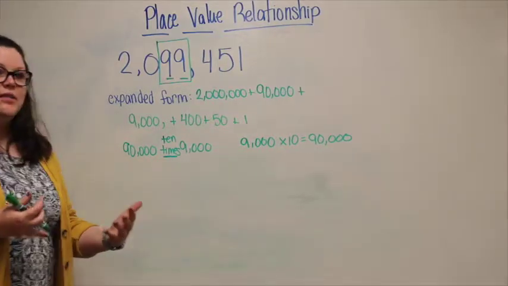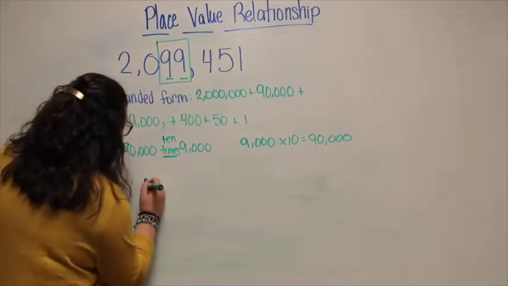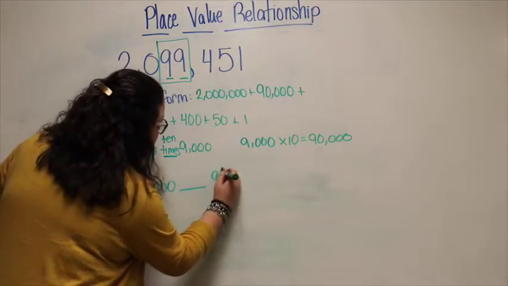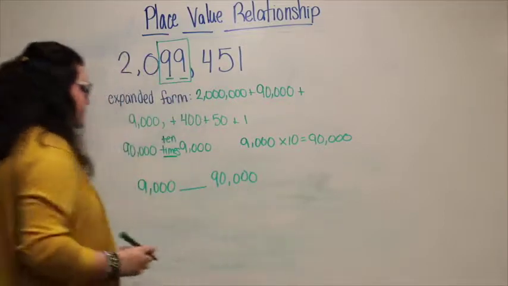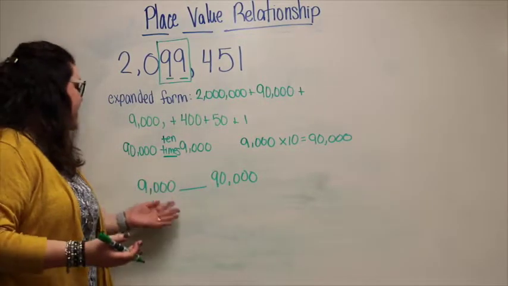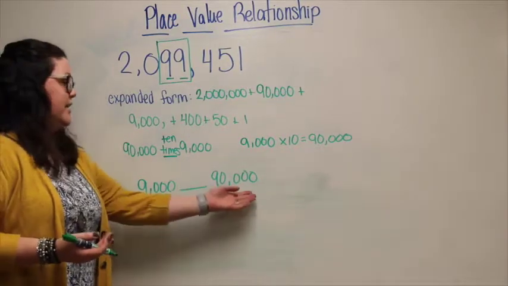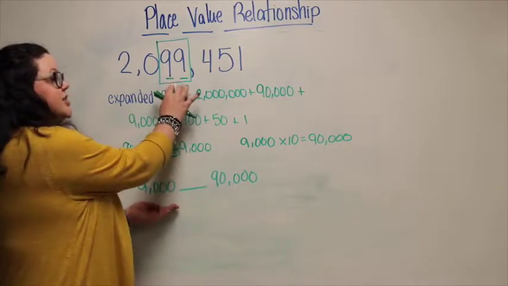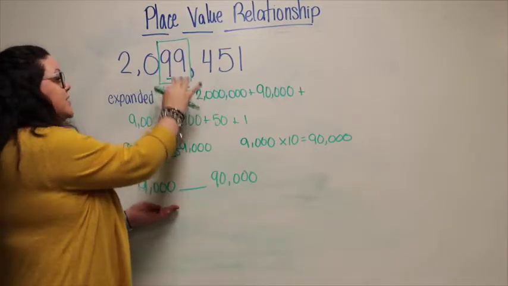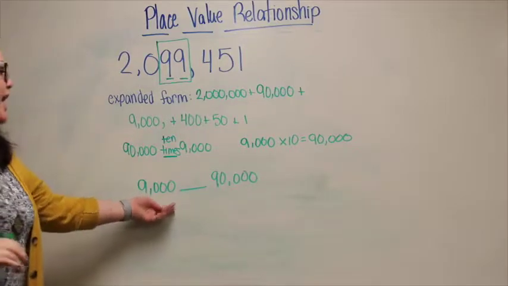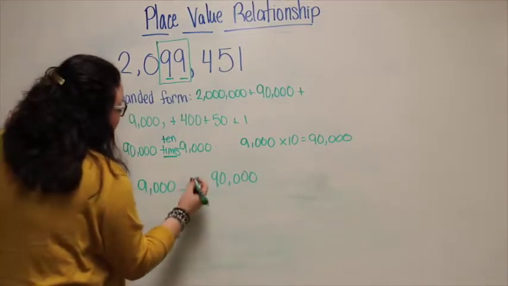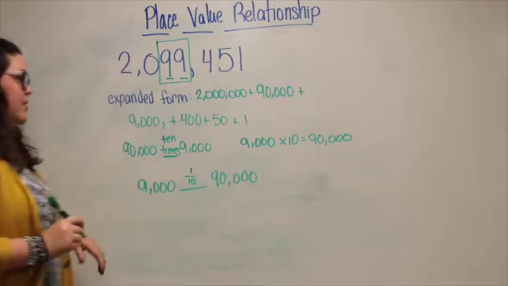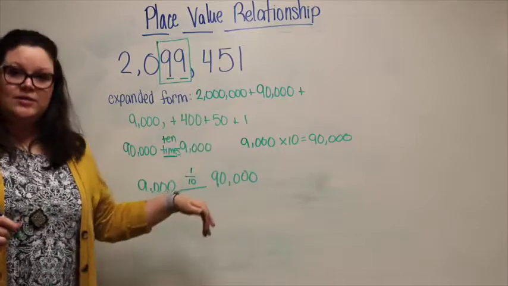Okay, let's reverse that. Let's say that I have a number sentence that starts with 9,000 is blank to 90,000. First I'm going to ask myself, is 9,000 greater than or less than 90,000? It's less than. And again, since they're the same digit and they're in place values that are right next to each other, I can say 9,000 is 1/10 of 90,000.